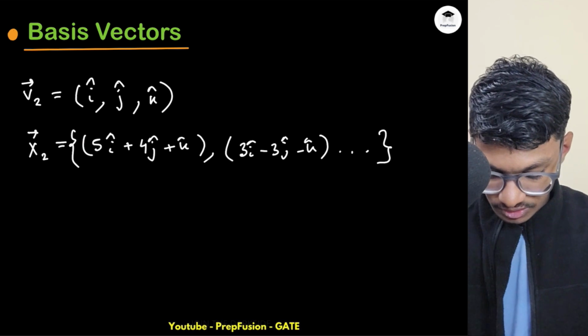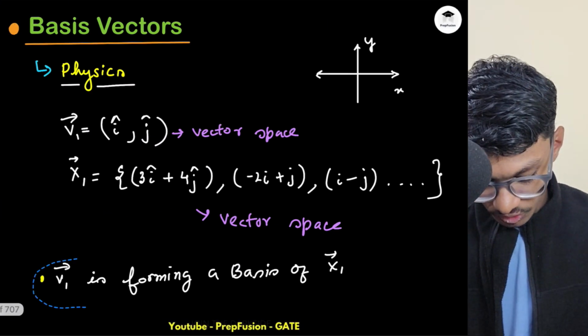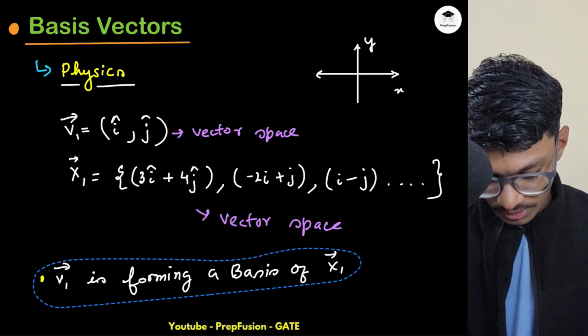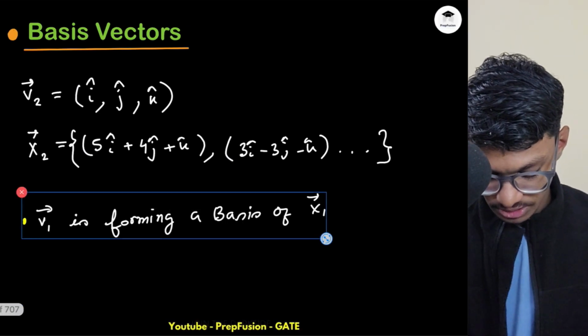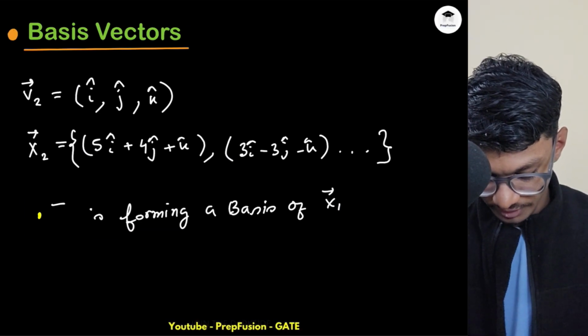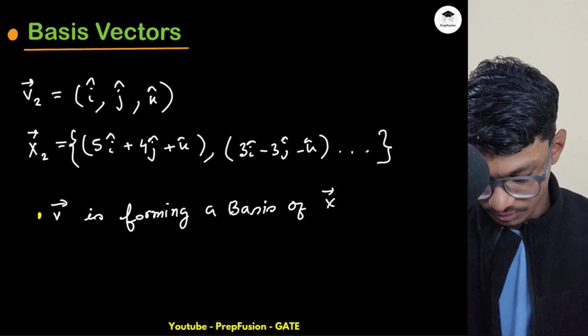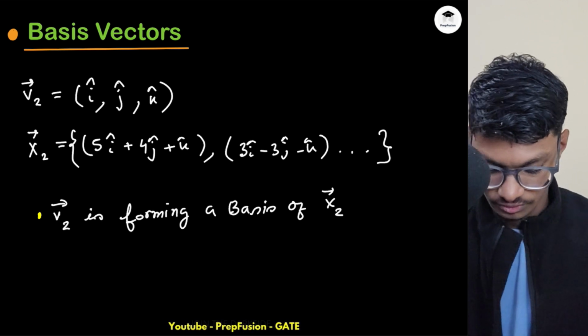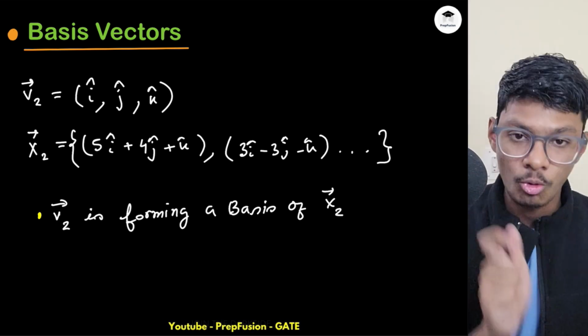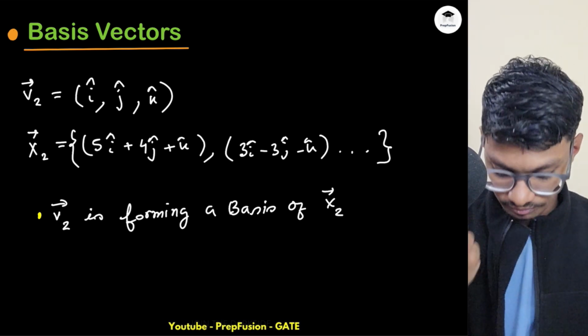So in this case, the terminology will remain the same, just the names of the vectors will change. This will become v2 and this will become x2. So v2 is forming a basis of x2, right?